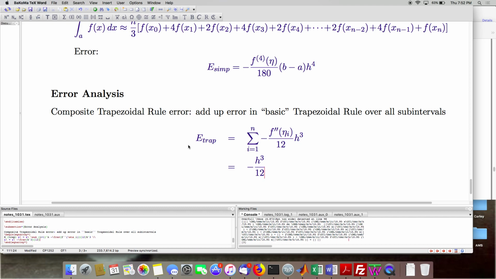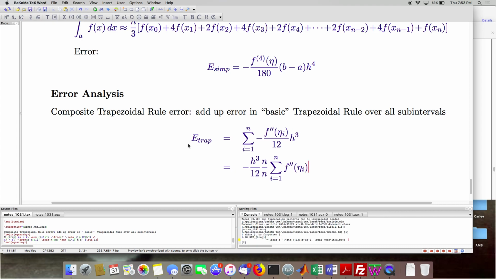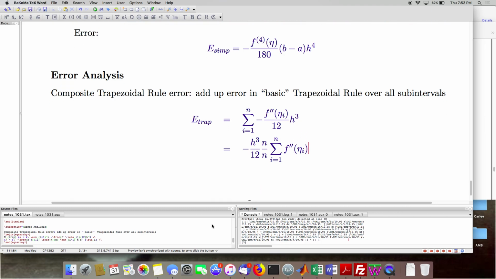But then I'm going to throw in a fraction here, n over n. You'll see why momentarily. And then the sum of f double prime at these unknown points. Now, each unknown point is in its own subinterval, but they all belong to [a, b]. We know that much.